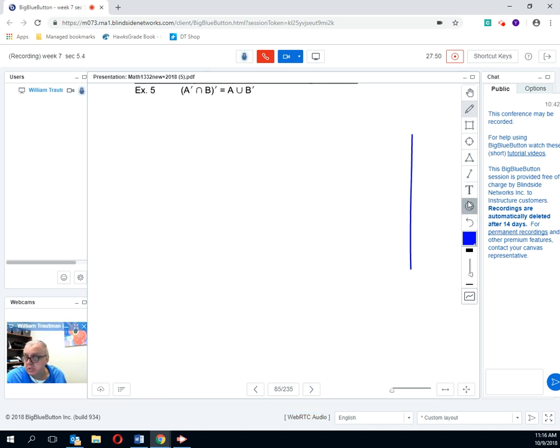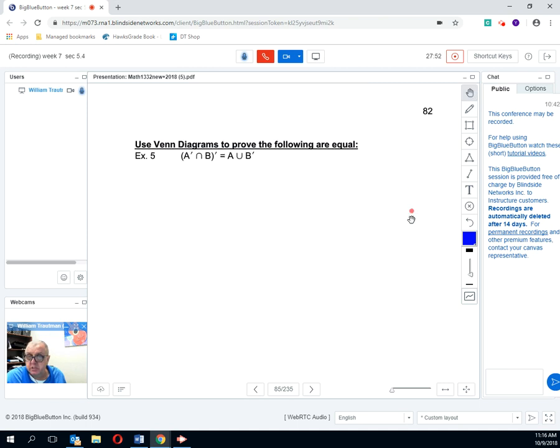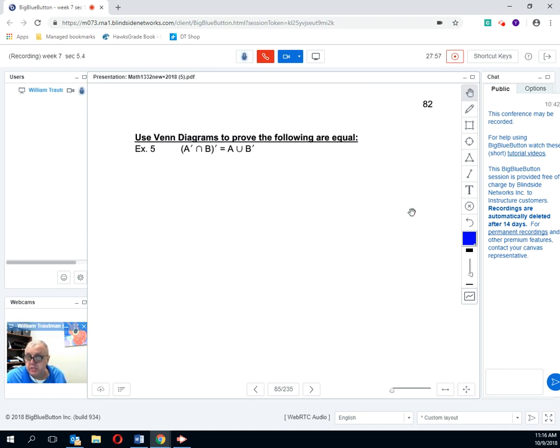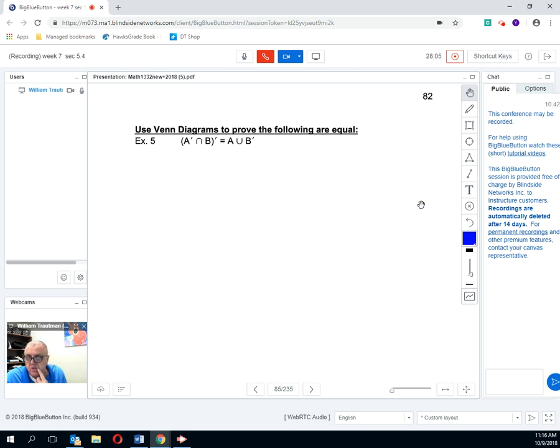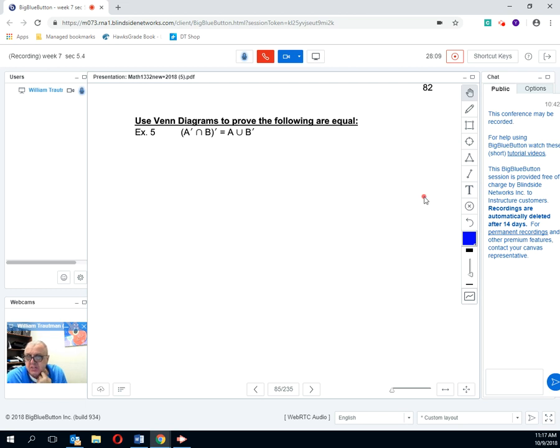Oh, let me clear this. Let's see what this does. Use Venn diagrams to prove the following equates to. Okay, it says use Venn diagrams. We're going to draw a Venn diagram. Are we on the same section?